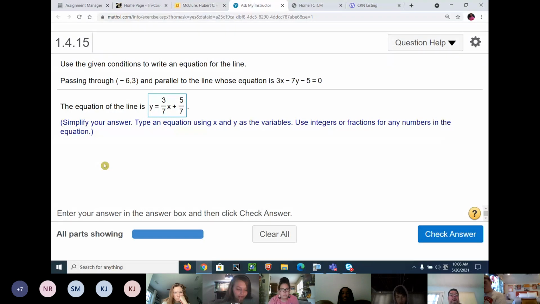They want to know parallel through the point (-6, 3) of the line 3x minus 7y minus 5 is equal to 0. This is kind of like the problem we did. I think we did 2 of these the other day, correct?